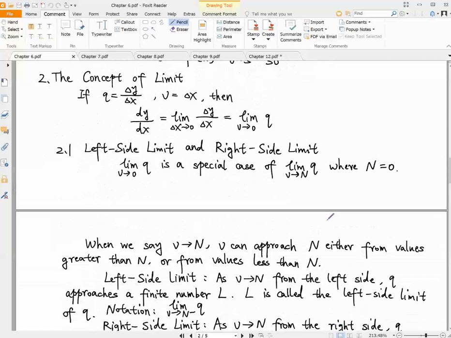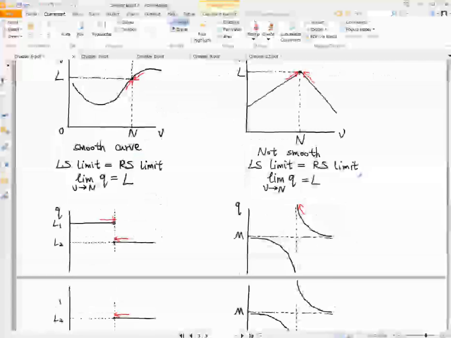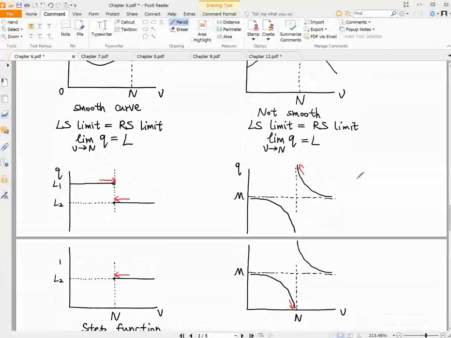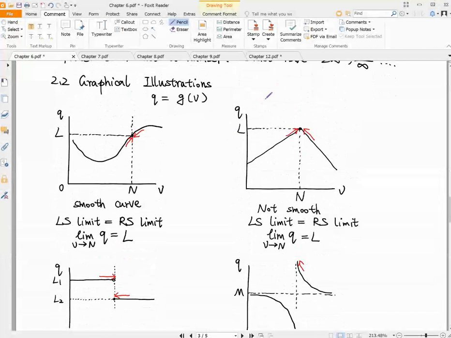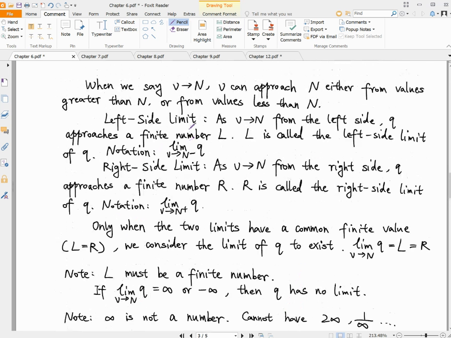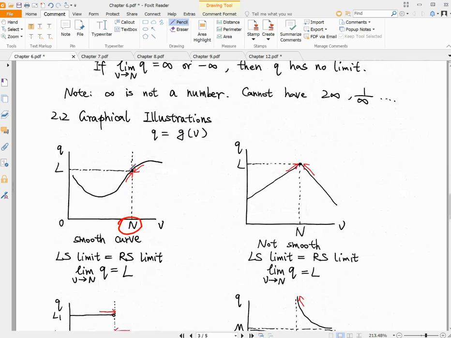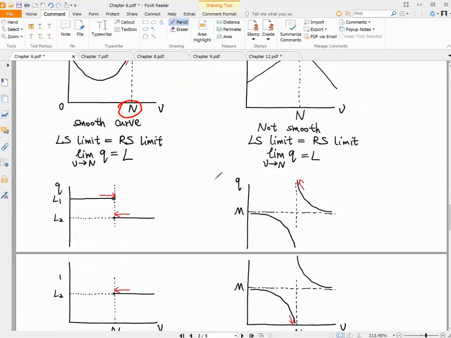But first you need to know what the left side limit and right side limit are, and specifically you need to know the 4 graphs. If this is a continuous function, then at the point n, the left side limit equals the right side limit, because it's continuous.